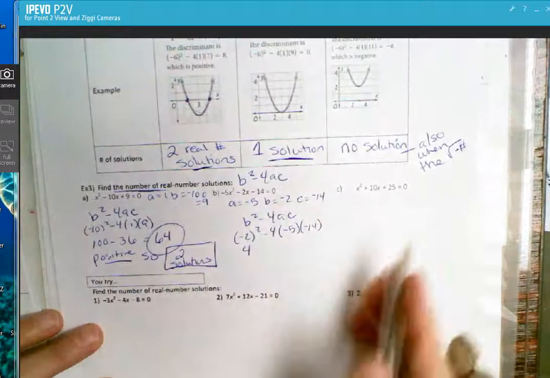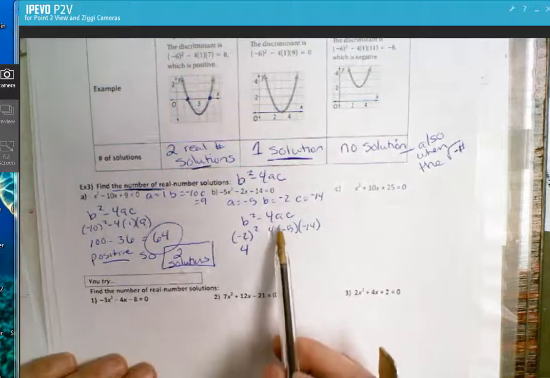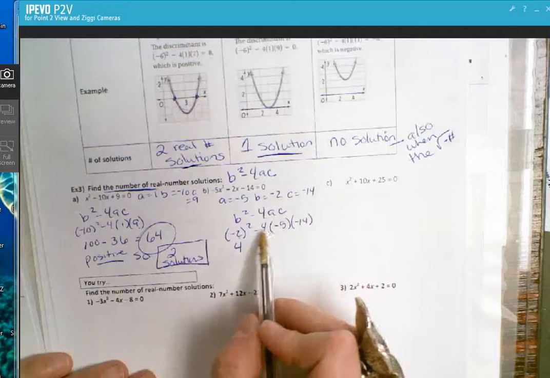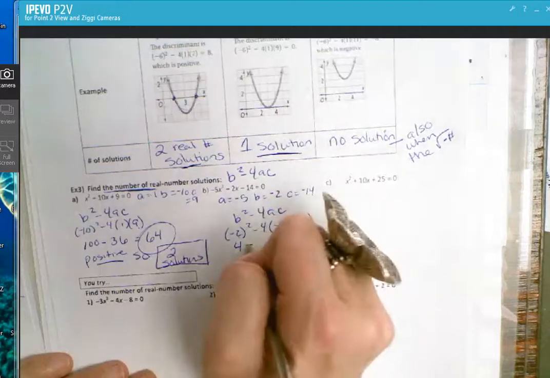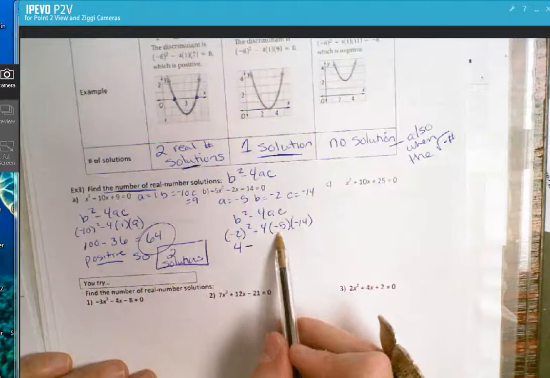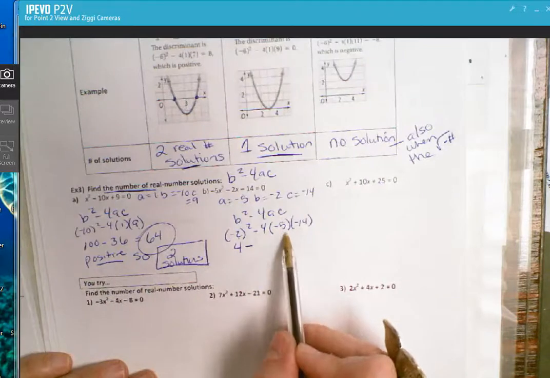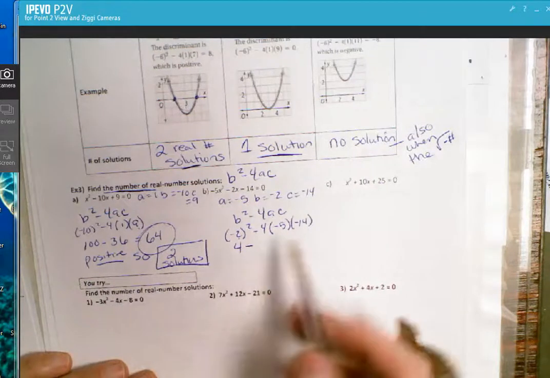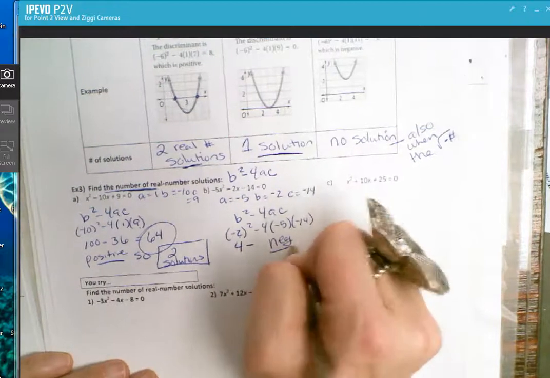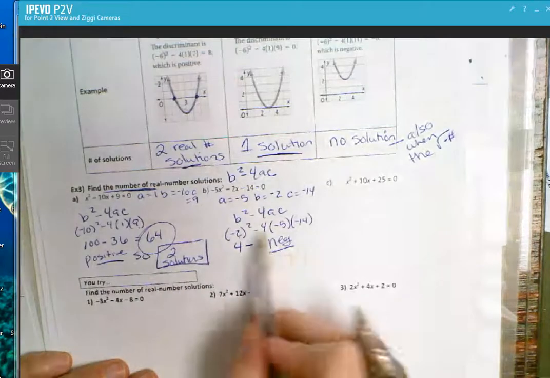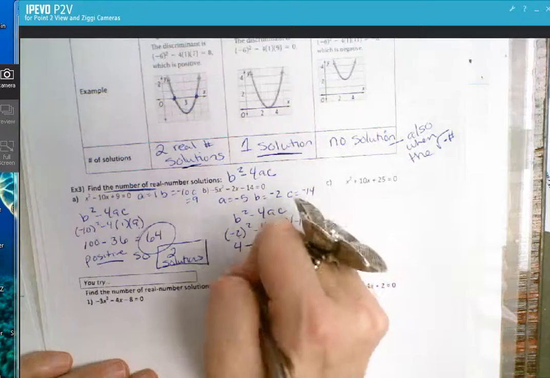I end up with a negative times a negative times a negative. I have an odd number of negatives, so I know I'm going to have a negative. 4 times 5 is 20. Well, 4 minus 20 is already negative. I know this is negative. I don't need to finish and figure out what the actual number is. I can use my mental math to see that, hey, I have a negative number, so I'm going to have no solutions.